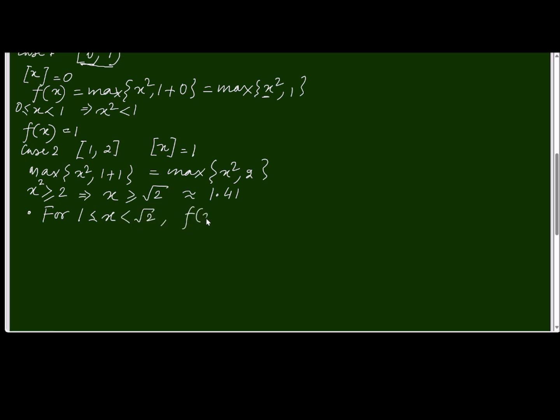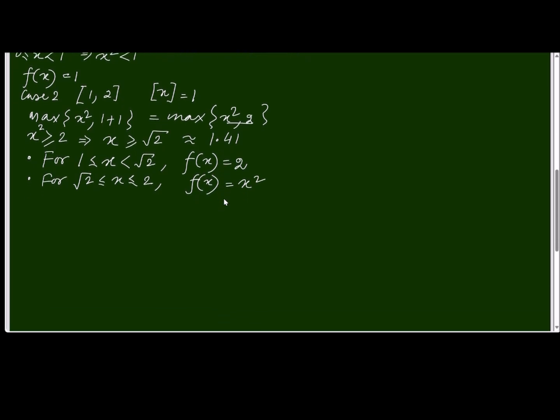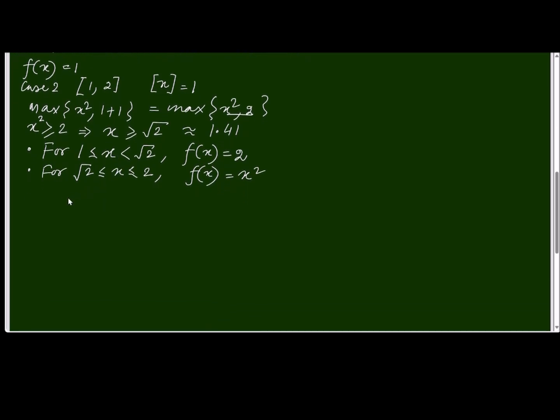At that time f x is equal to 2, because x square will be less than 2. And for x greater than or equal to square root 2 and less than or equal to 2, at that time f x is equal to x square. Oh, I committed a mistake; it will be 2 here, 2 is greater.